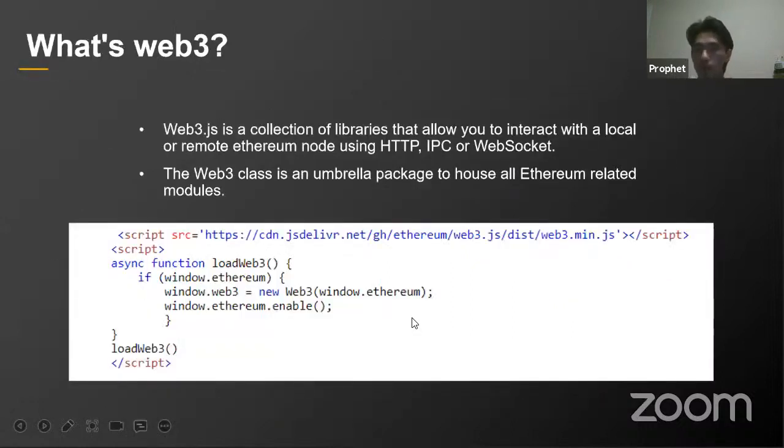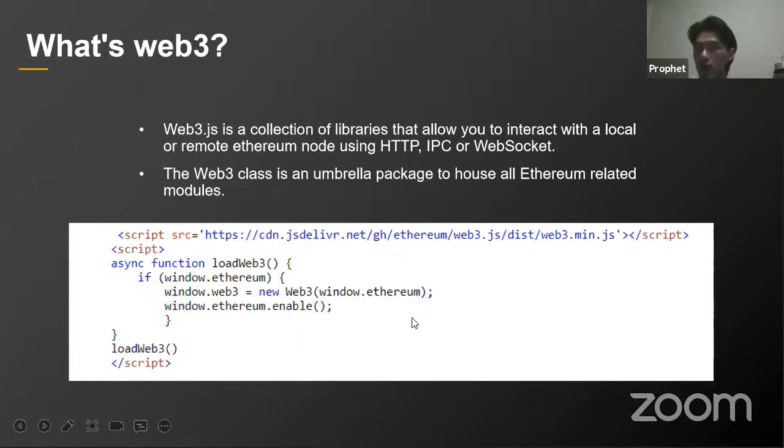So what's Web3? Web3 is a collection of libraries that allows you to interact with a local or remote Ethereum node, and not only Ethereum, right? BSC or others, any EVM can also be interacted with through the Web3 package.